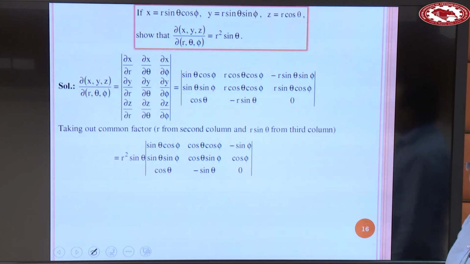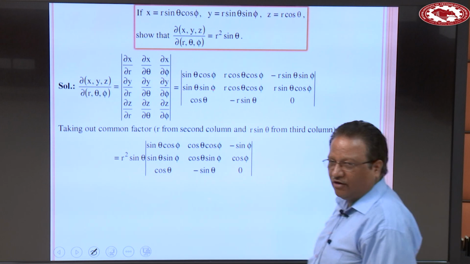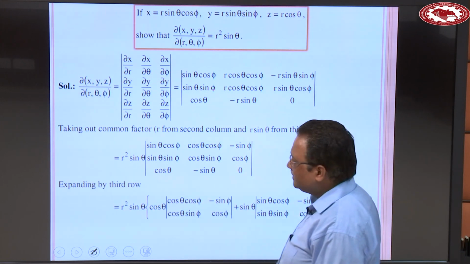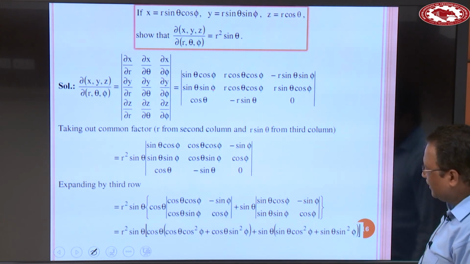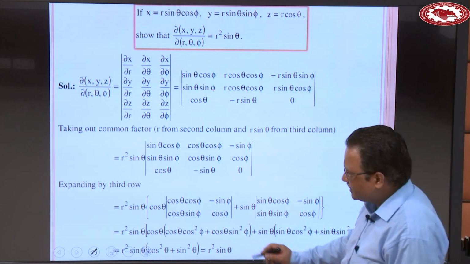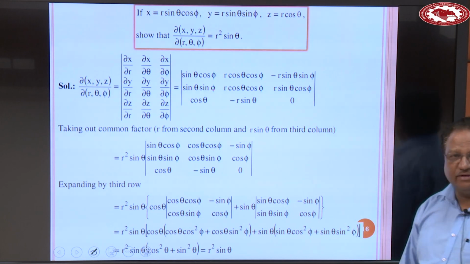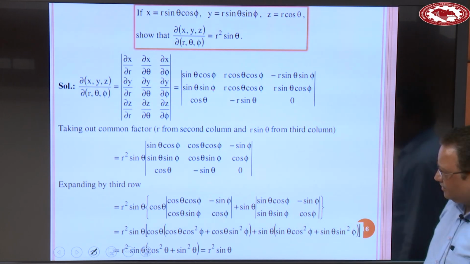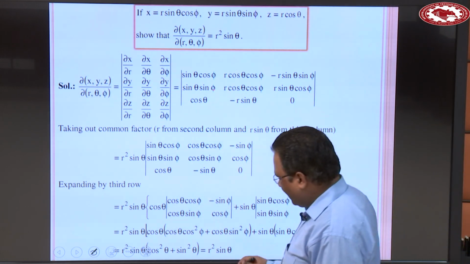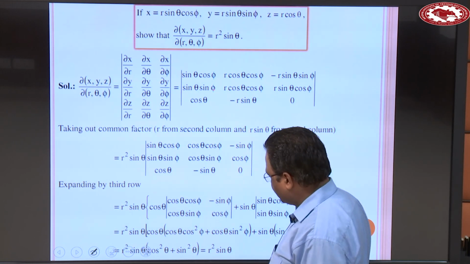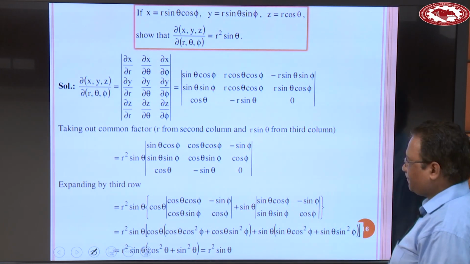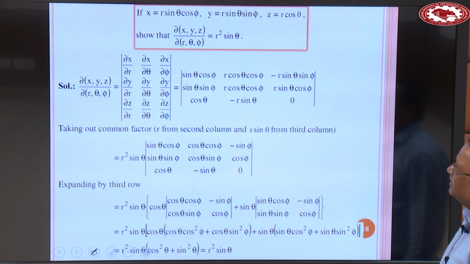Simplify using the simple rules of matrices and determinants, and finally you will get r squared sin theta. So try to solve this type of problem. This is all about the Jacobian.